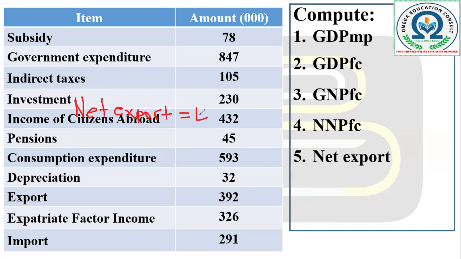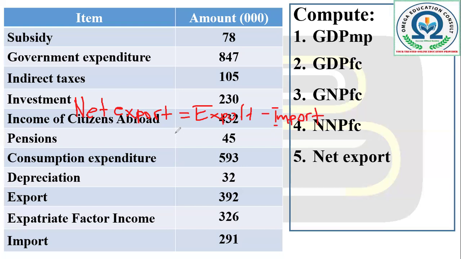So it is simply exports of goods and services, the value of exported goods and services, minus the value of all the imported goods and services. Now, take note that we always have to subtract imports because the commodities that we import in the country are not commodities generated in Ghana, so they are not part of our produced goods and services.